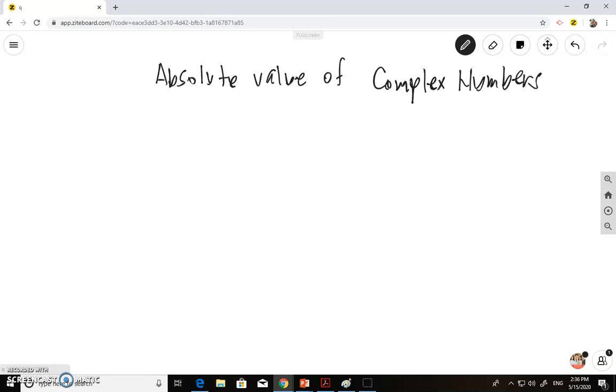How will we solve now the absolute value of a complex number? Going back to our lesson 8.5, the absolute value of a complex number: the absolute value of z, which is a plus bi, is equal to the square root of a squared plus b squared.